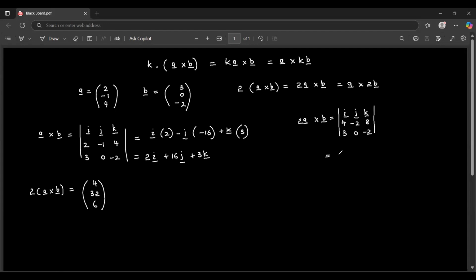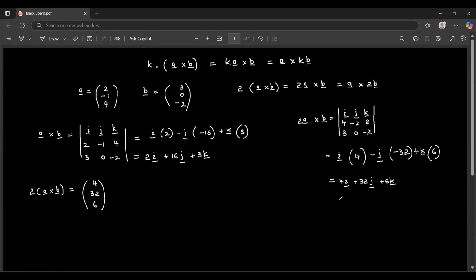So that will be equal to i into 4 minus j into (minus 8 minus 24), minus 32. And here we have plus k into 0 plus 6, so it will be 6. So the value is equal to 4i plus 32j plus 6k.